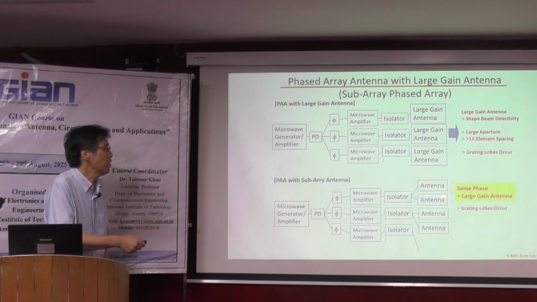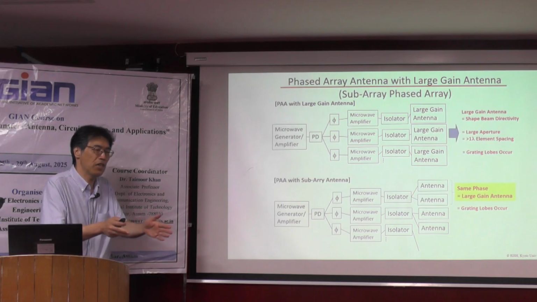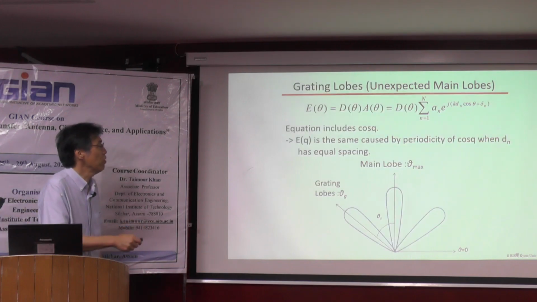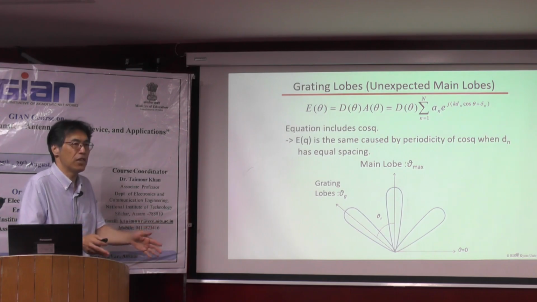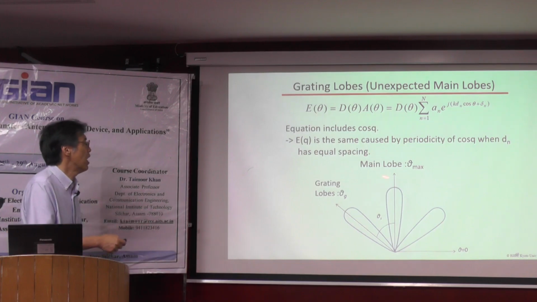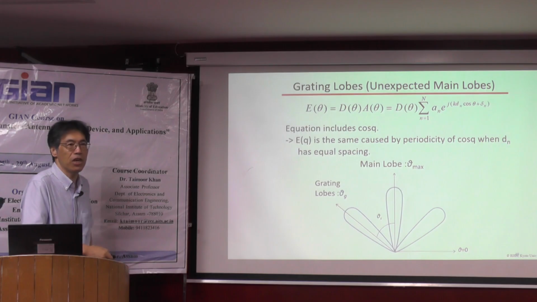So we usually put the antennas with large or long element spacing. And based on this equation, if the element spacing is larger than half wavelength or one wavelength, theoretically a grating lobe occurs. The grating lobe has the same power as the main lobe, and this is caused by the periodicity of the cosine theta.